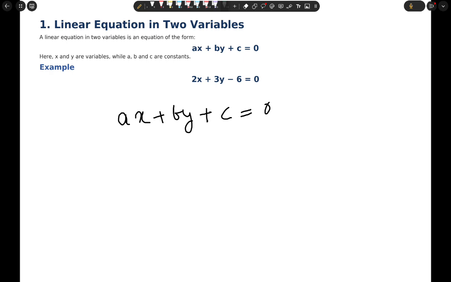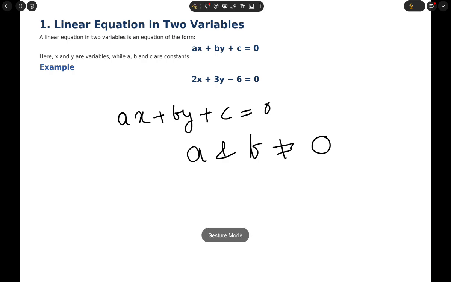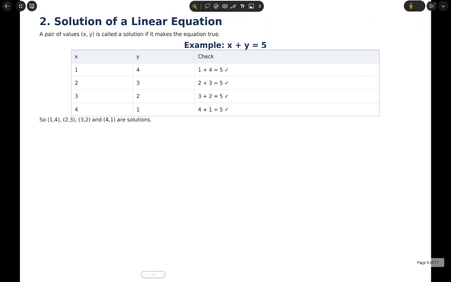And one more condition for it to be a linear equation of two variables is that a and b can never be 0, right? These two terms cannot be 0 to make it a linear equation of two variables. I have given an example of it also, that is 2x plus 3y minus 6 is equal to 0. So this is what linear equations in two variables are about.